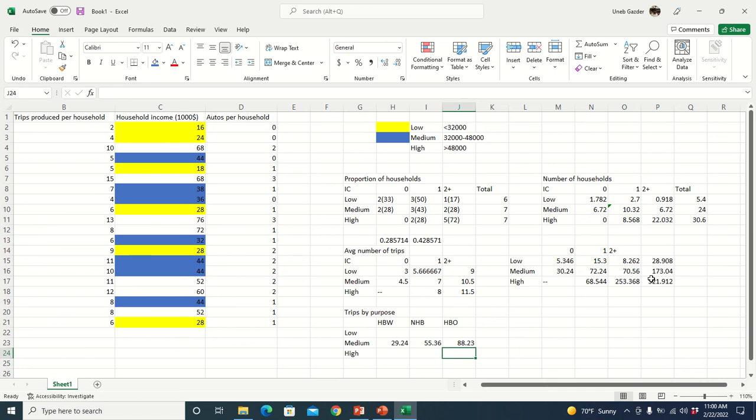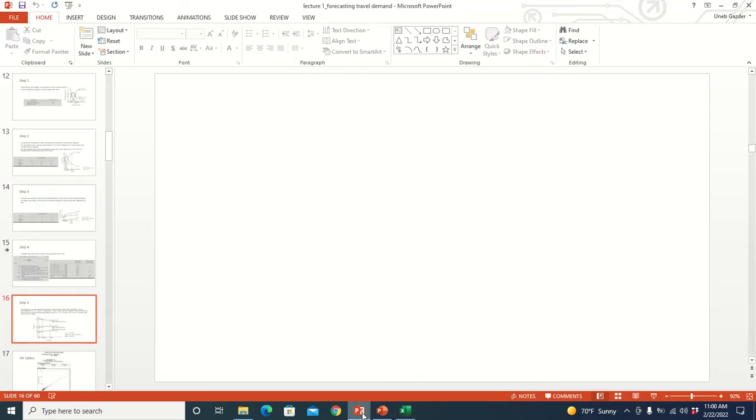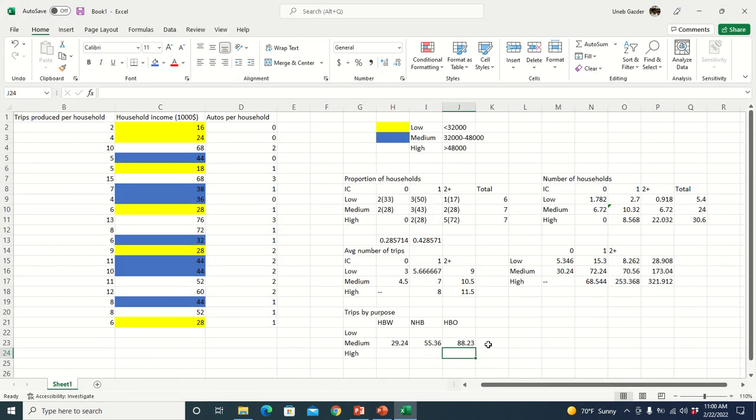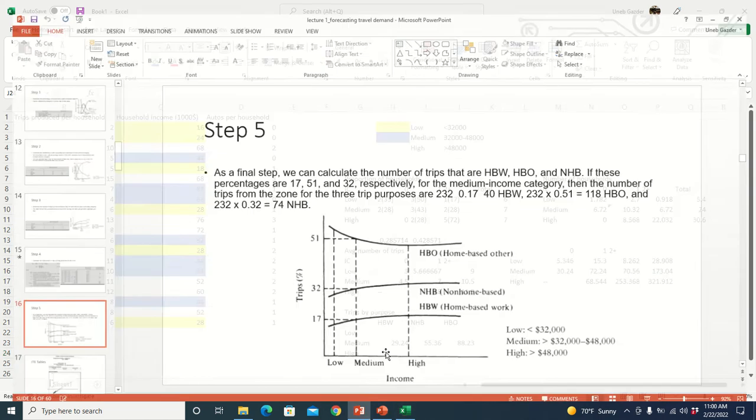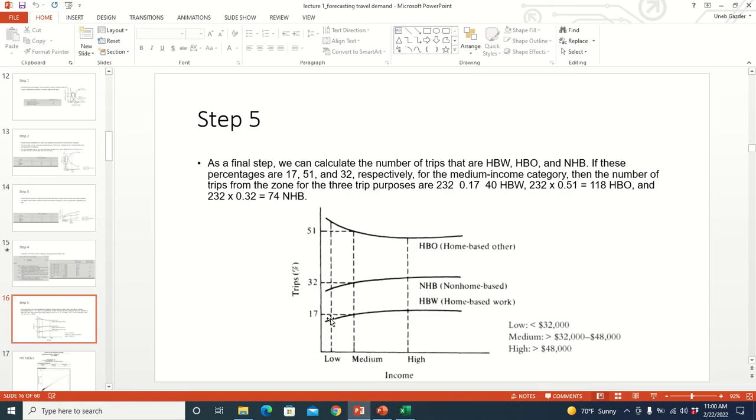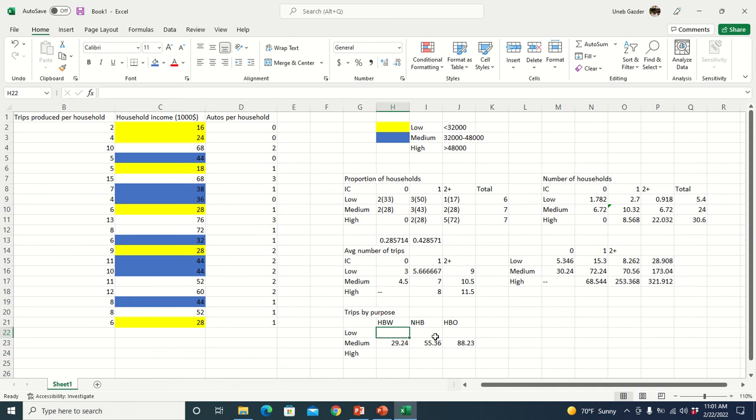Let me just check the numbers. Similarly you go to this graph and you find out how much is this. It looks like 15 and 30 and the remaining, whatever, 55. Let me do this for low income as well, because the numbers look very easy to deduce.